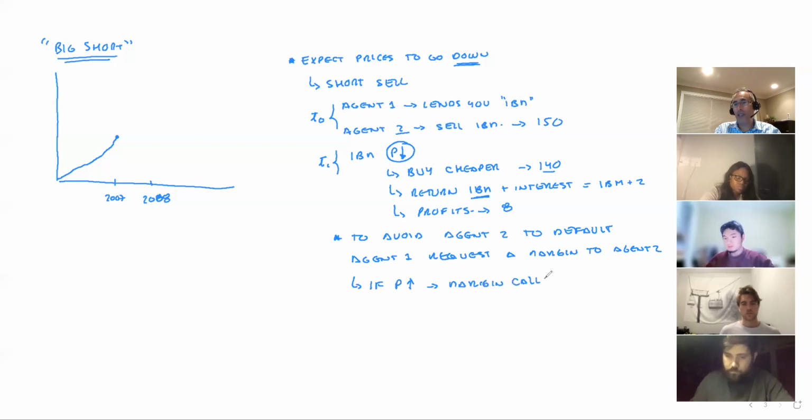You need to put more money. If P goes up, another margin call. And if P goes up again, another margin call. And so what happens here, guys? At the end of the day, you don't have the money, so you don't have liquidity. What happens when you don't have liquidity? Basically, they execute your order. They execute your IBM.